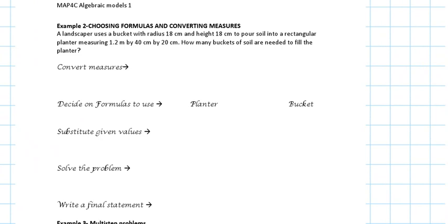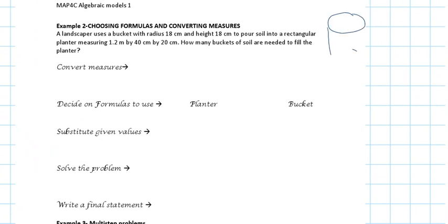So what do we have here? We have a bucket, and we have a rectangular planter. So we have two shapes. What's the first shape? A cylinder.